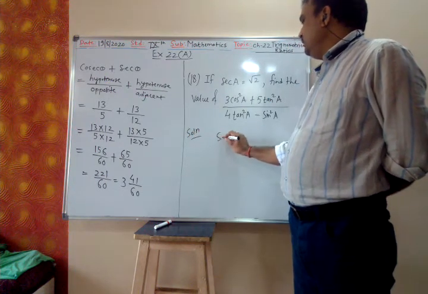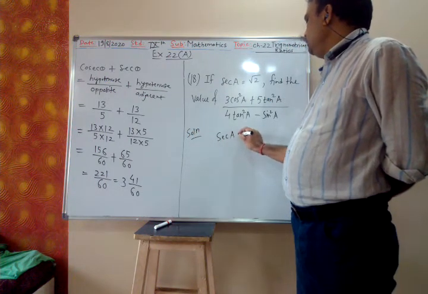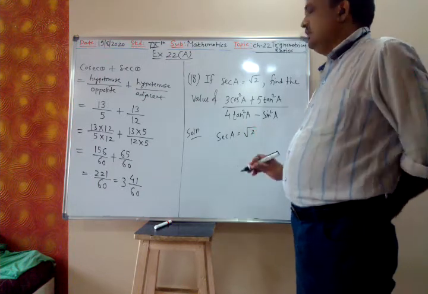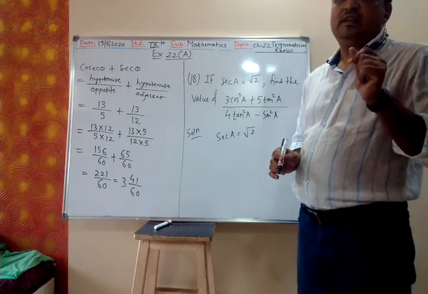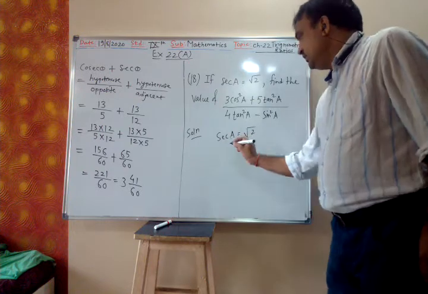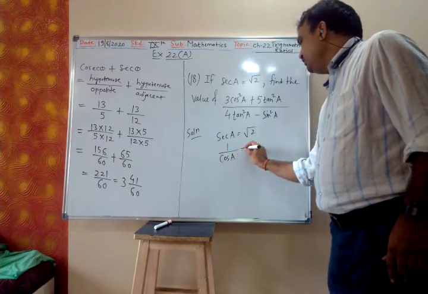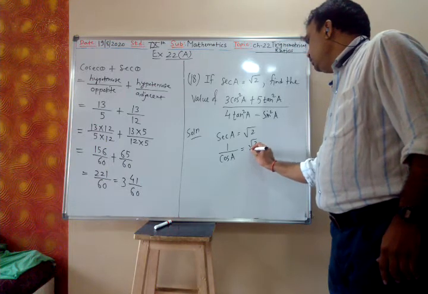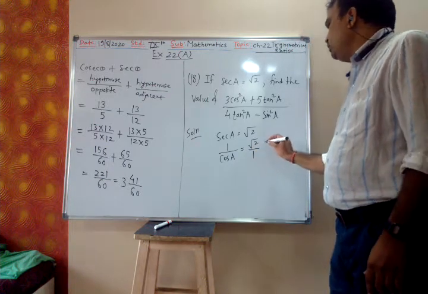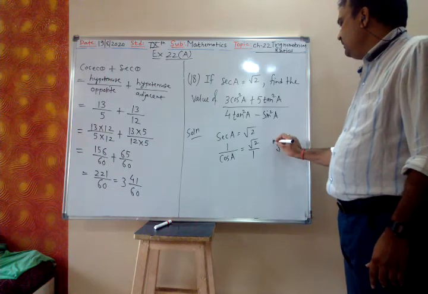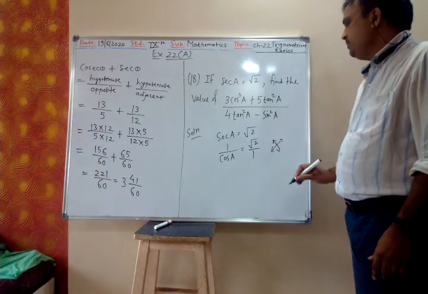Sec A is root 2, given, correct? But what is sec? Reciprocal of cos. So you will get 1 upon cos A. 1 upon cos A is root 2. Root 2 I can write as root 2 upon 1. Now cross multiply.